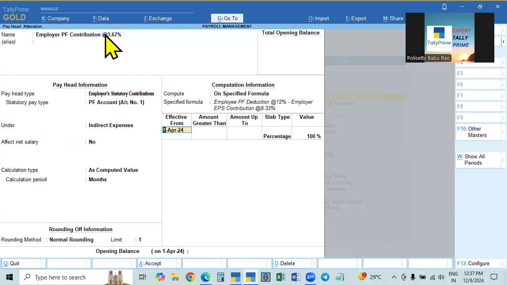After deduction, the balance will be the amount 3.67%. That amount, the total amount minus the deducted amount, the difference is 3.67.